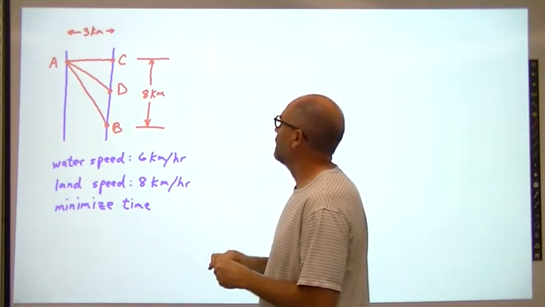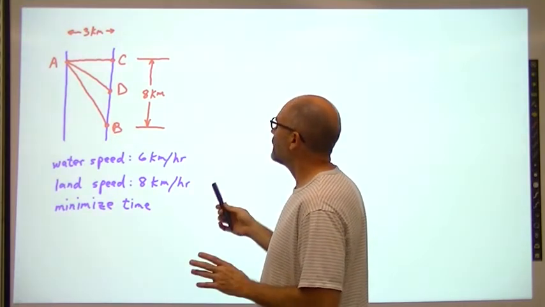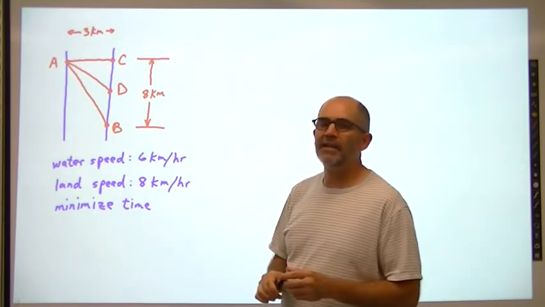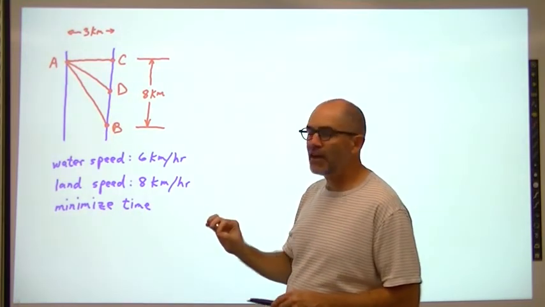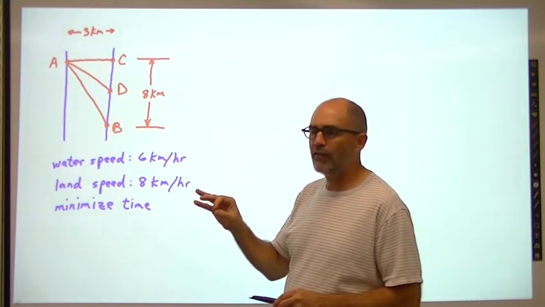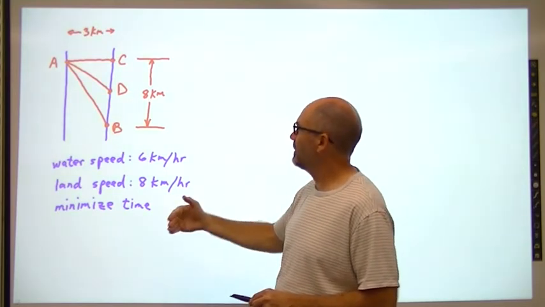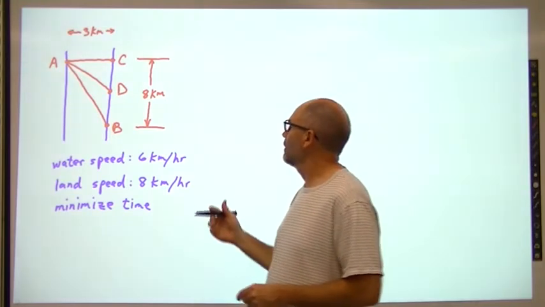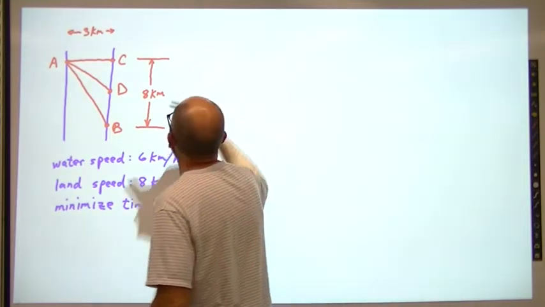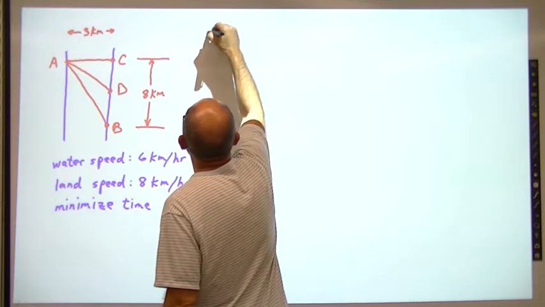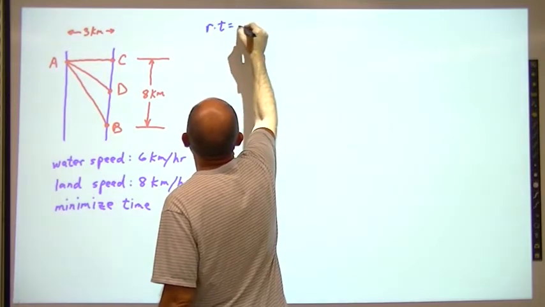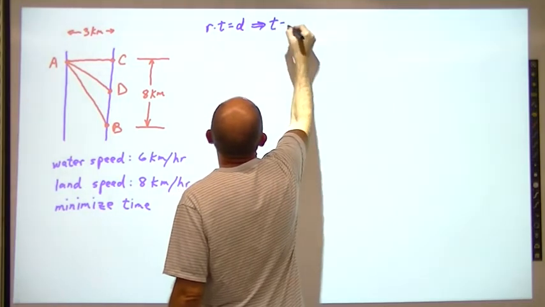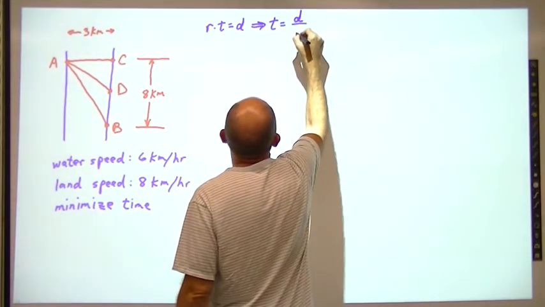So first of all, we're trying to minimize time. That means we want a function of time with respect to distance. I know that rate times time equals distance, which tells me that time equals distance divided by rate.